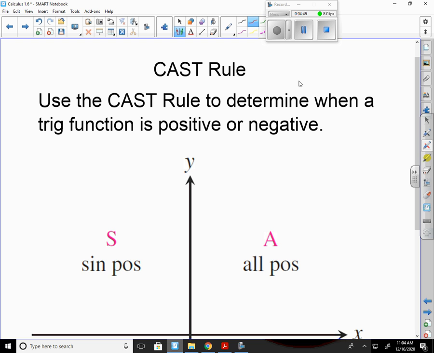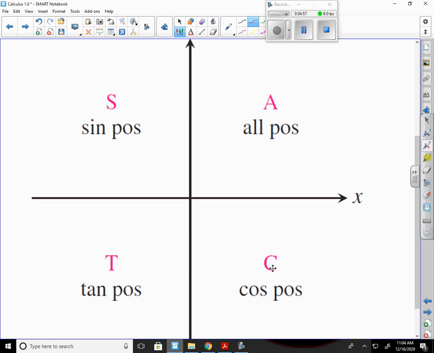The CAST rule is one that we didn't really go over, but it's a good one to remember. The CAST rule determines when a trig function is positive or negative. If you think about it this way, starting at the bottom, CAST: cosine is positive in this quadrant. All are positive in the first quadrant.